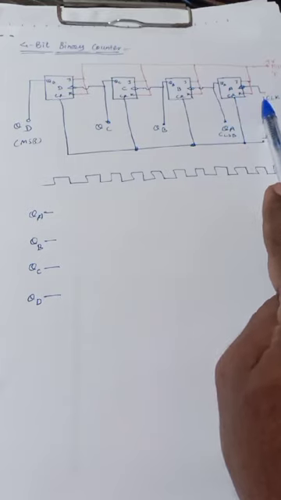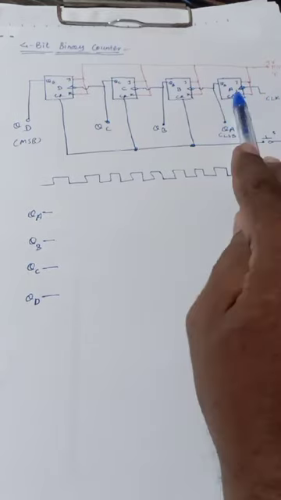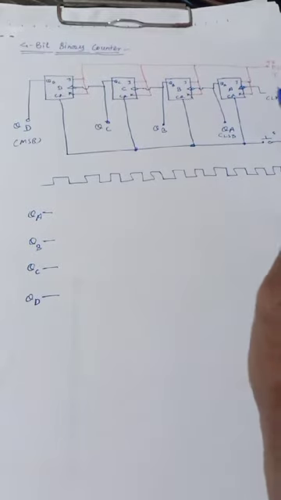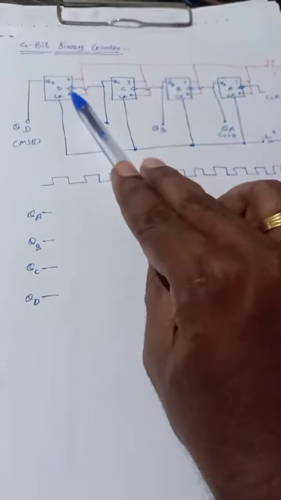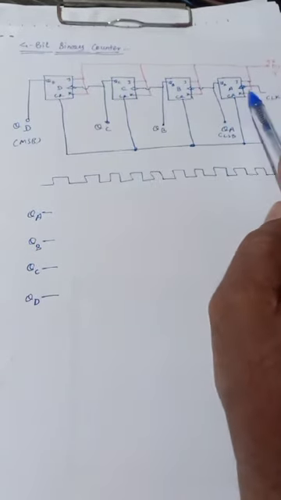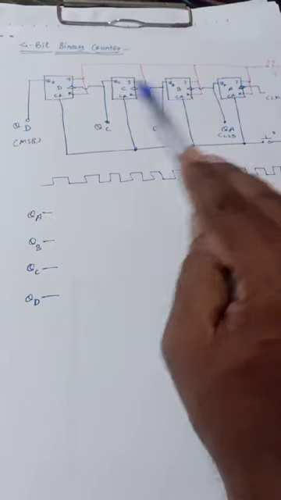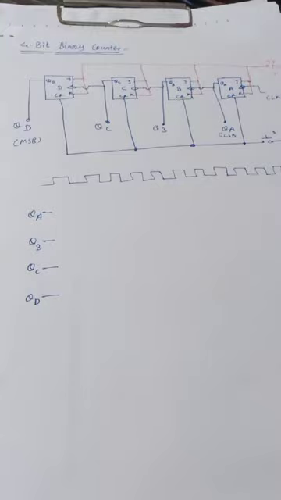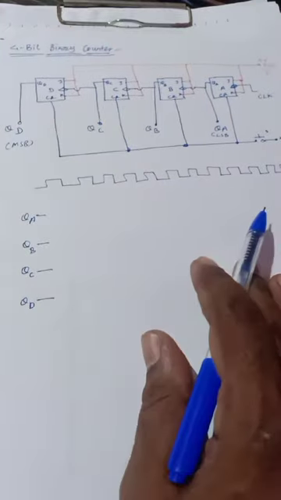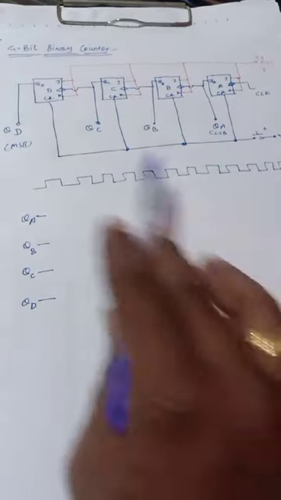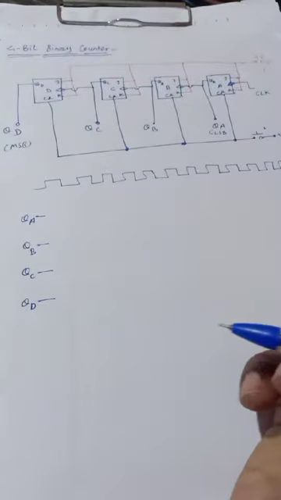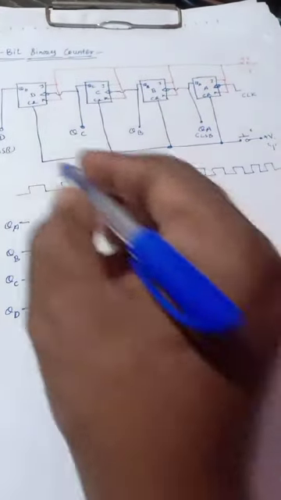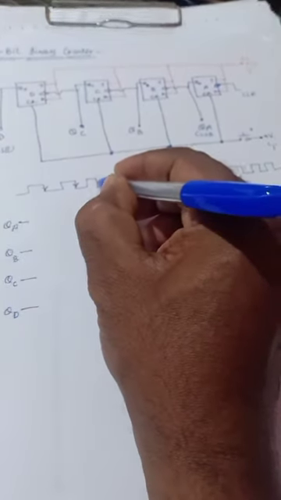Okay, so when we apply a clock, it is a negative edge triggered clock. The most important point in this counter is that all the clock inputs are negative edge triggered clocks. So every transition at the output of this flip-flop is at the negative edge, so we are going to mark the falling edge of this clock input.